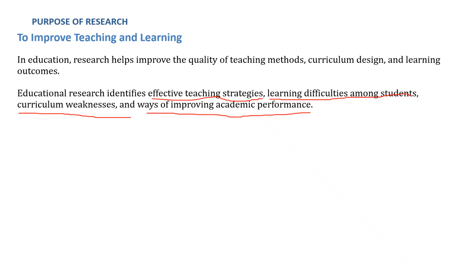So we can see that research is also conducted so as to improve teaching and learning. A researcher may conduct research in education to improve teaching and learning. How? By improving the quality of teaching methods, the curriculum design, and also the learning outcomes.